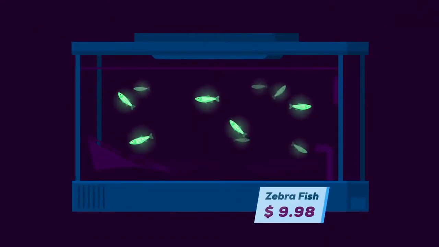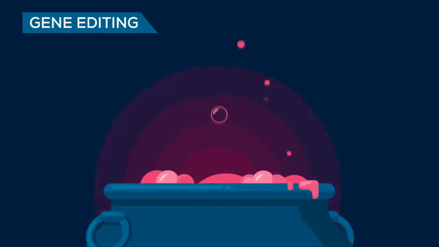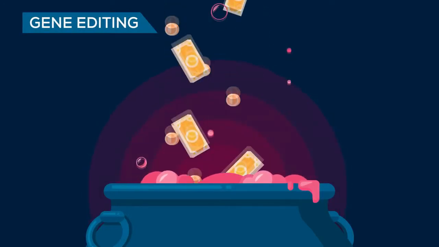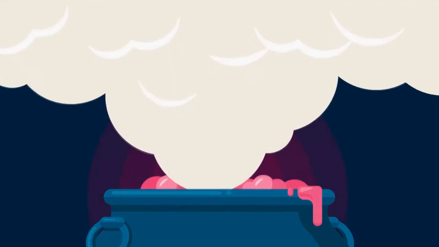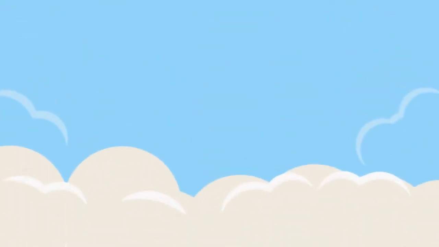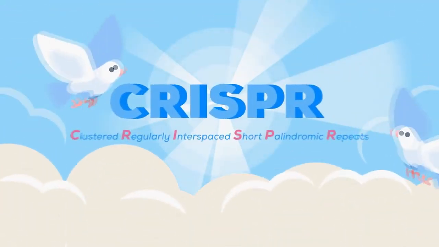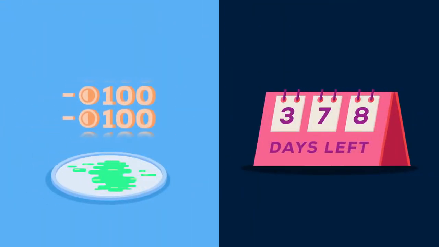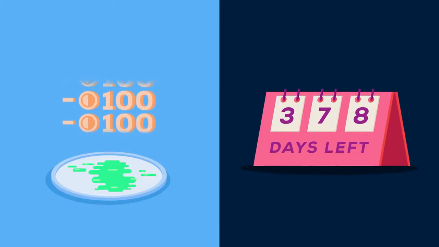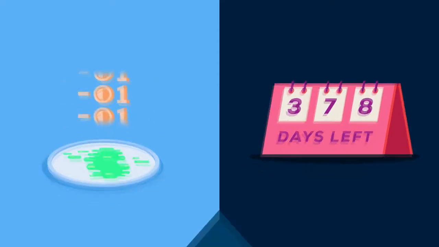As conclusions go about genetically modifying organisms, it's not all doom and gloom at all. Imagine a world where you could erase diabetes. Imagine a world where you could erase cancer.